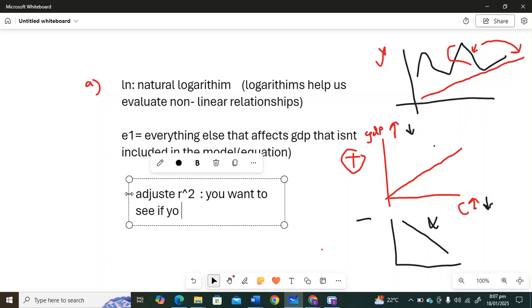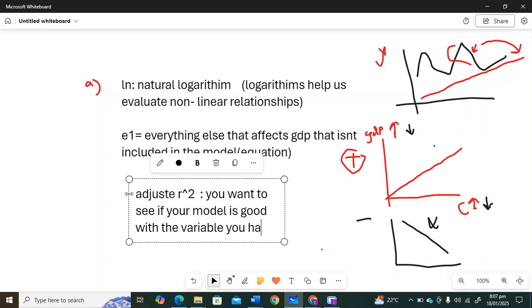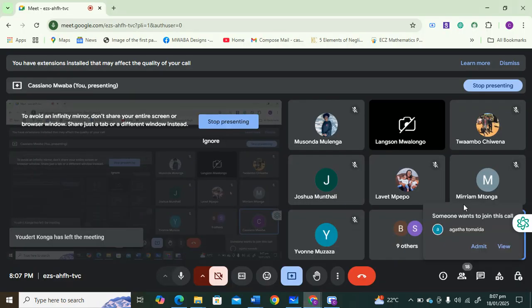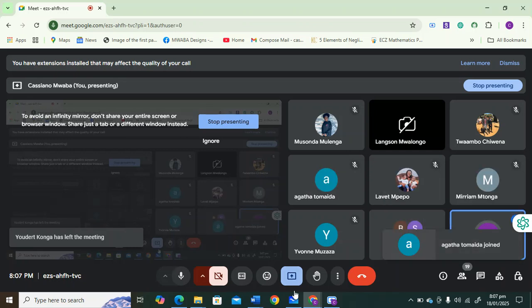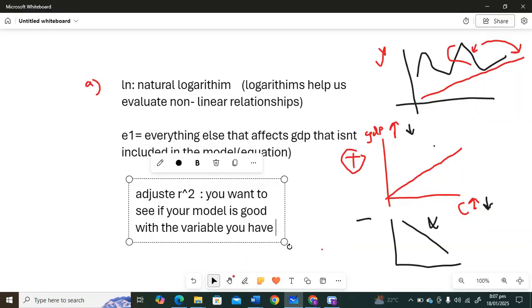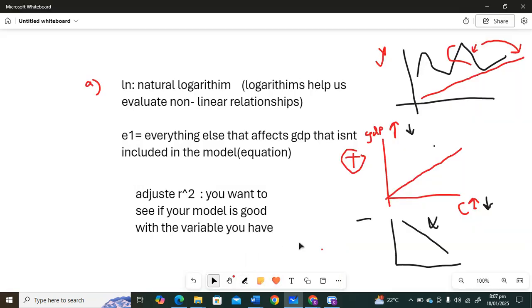You want to see if your model is good with the variables you have chosen. That's what the adjusted R is telling us. Okay. So R is between 0 to 1.